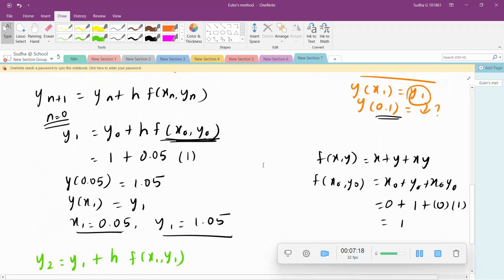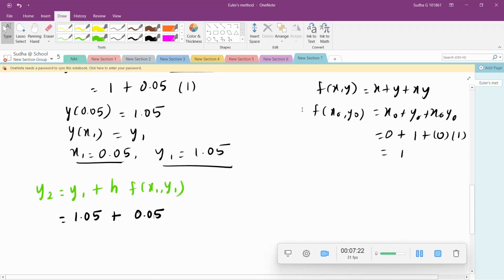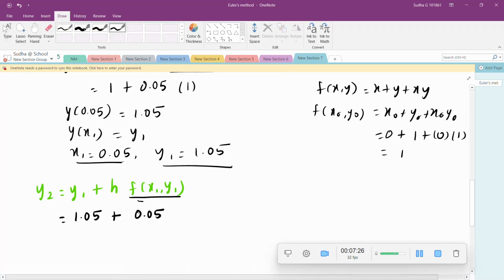Please check, h value already given in the problem 0.05. Next to find out f of x1 comma y1. So f of x y, we know that already given in the problem x plus y plus xy. But now we need to find out f of x1 comma y1. So wherever xy, instead of xy, you should replace it with x1 and y1.